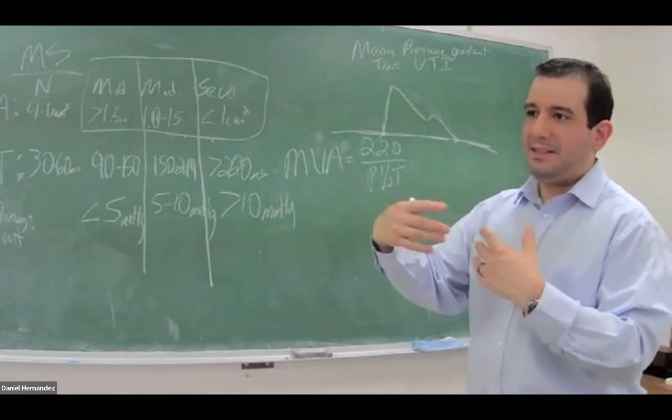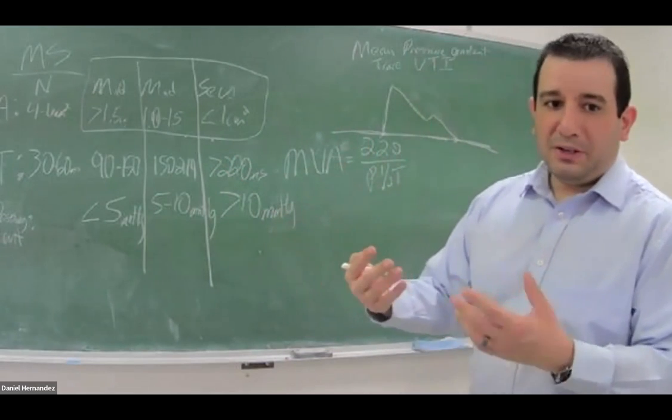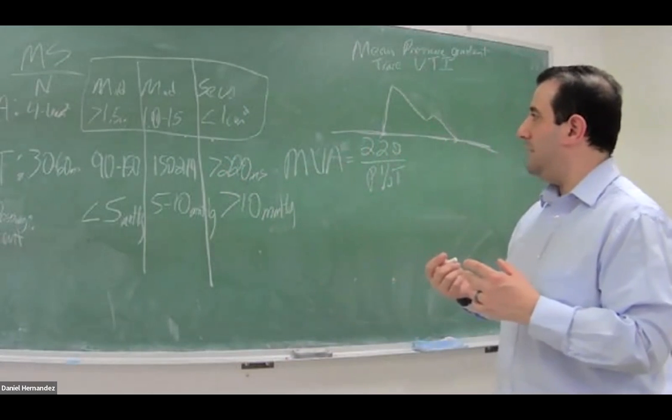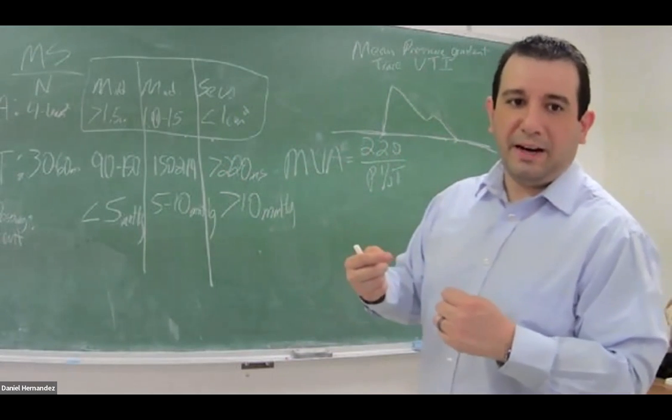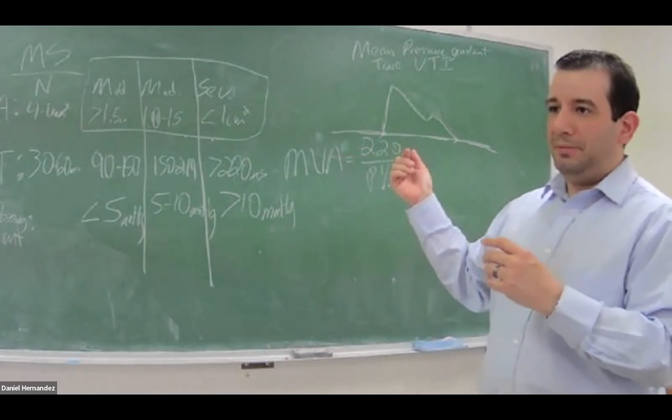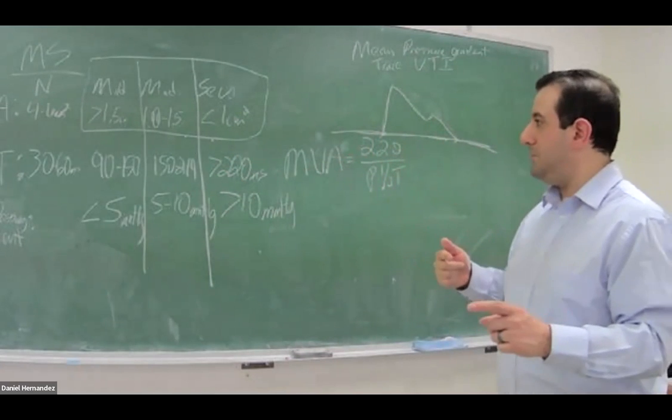If I have a highly stenotic valve, pressures are going to build up in that left atria, so I'm going to have a large pressure gradient when that valve opens up and blood flow is trying to get across to the left ventricle.